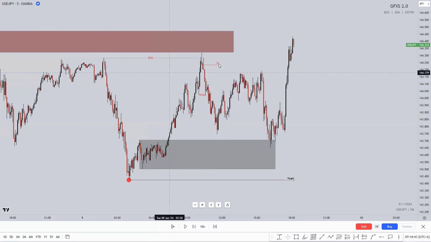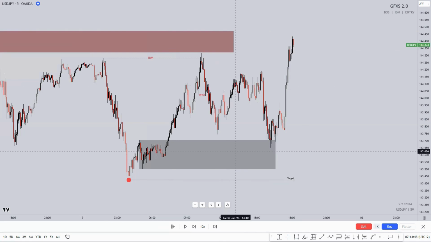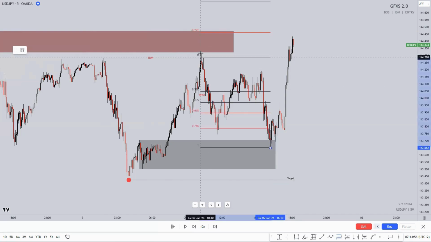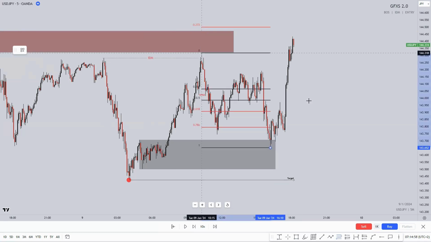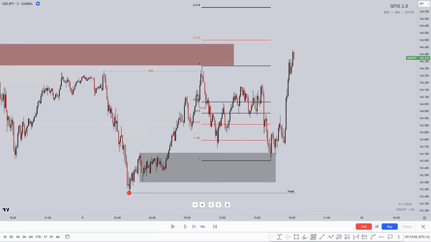Based on how I showed you how to map, how to find your Fibonacci targets, you're going to mark from this low to this high to get your Fibonacci target. And then you can see that this will be your take profit.